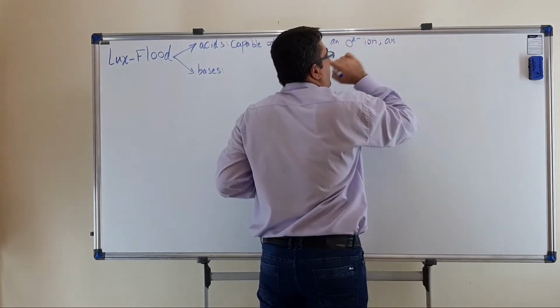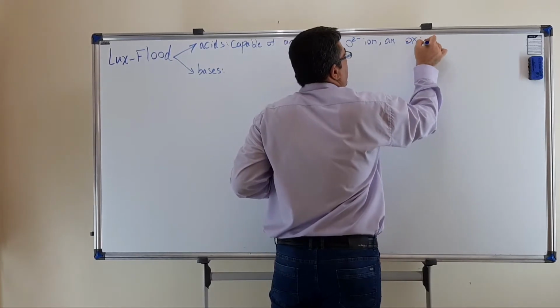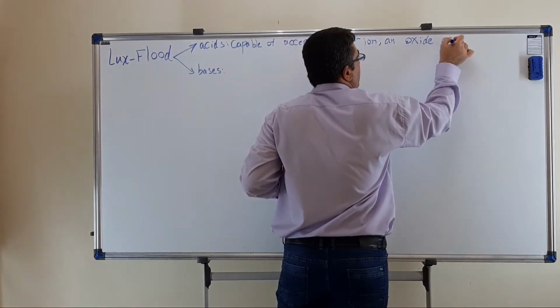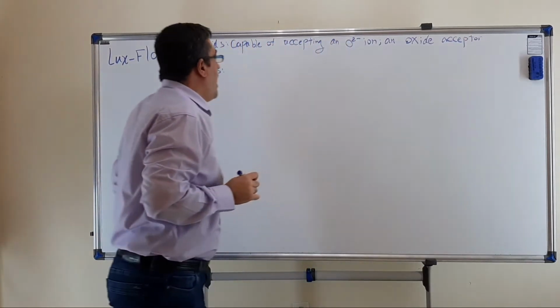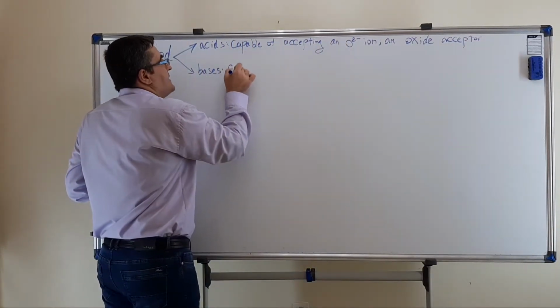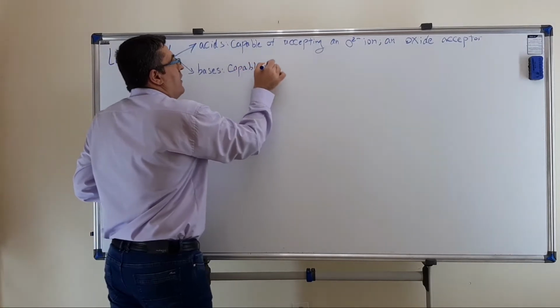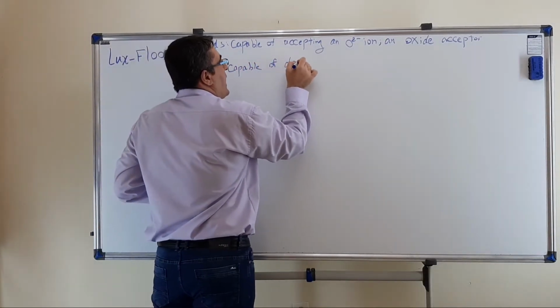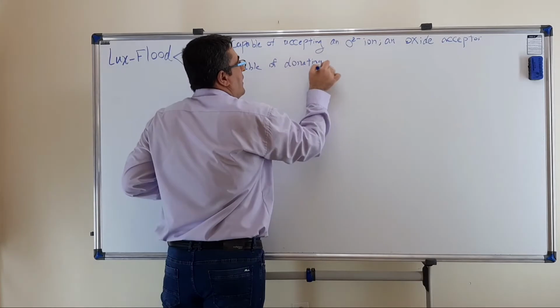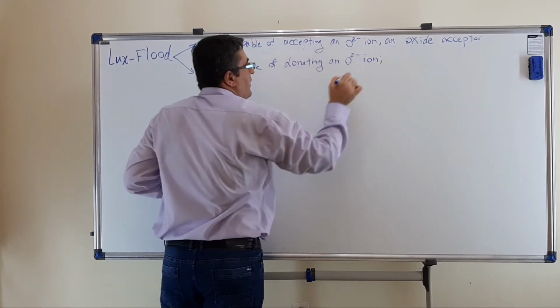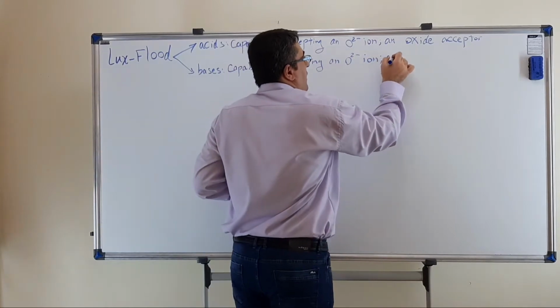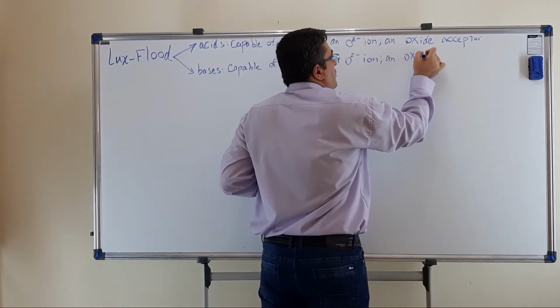That is, they are oxide acceptors. On the other hand, bases are capable of donating an oxide ion. They are oxide donors.